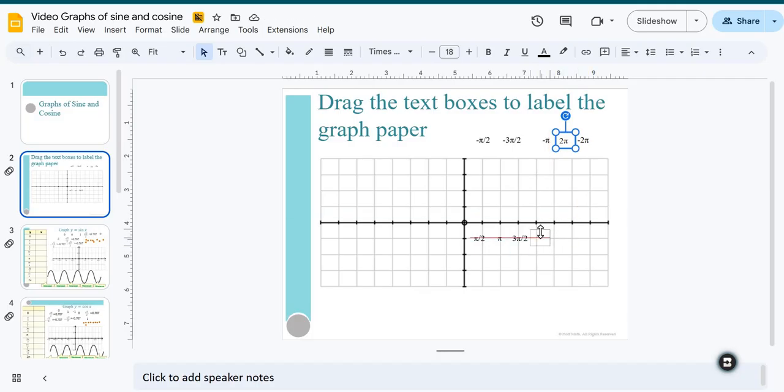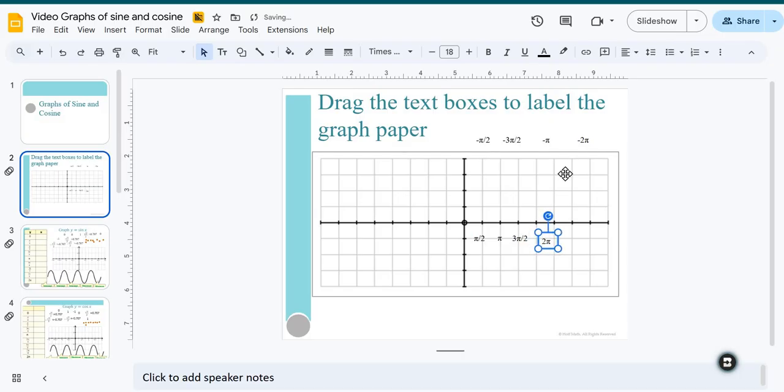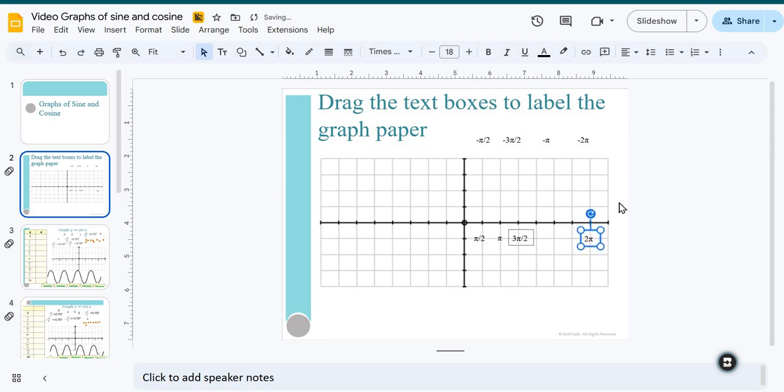and 2 pi. Now, because we have enough space and these are a little bit squashed right now, remember that we can change our units to be whatever we want. I'm going to make every 2 tick marks be my pi over 2, just to spread them out a little bit.